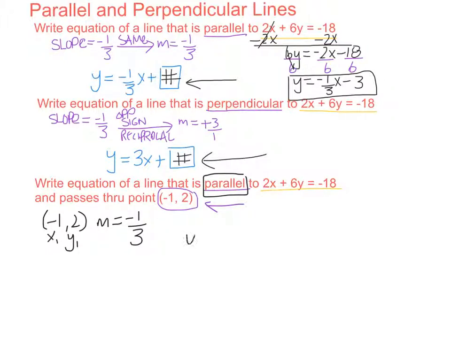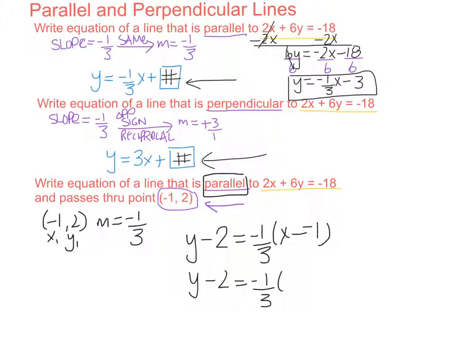And I get y minus y sub 1 equals m times x minus x sub 1. Look what happened here, minus x sub 1. I've got two negatives, so you need to address that. What will that x minus minus become? Become x plus 1.